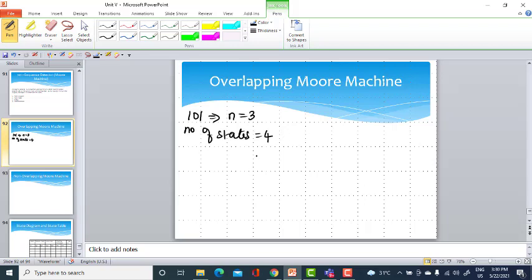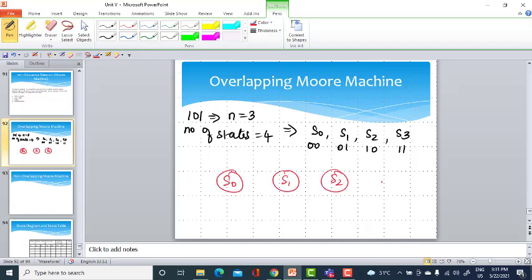Let the states be S0, S1, S2 and S3, and the state assignments for each state will be 00, 01, 10 and 11. So this is the state assignment and the number of states.